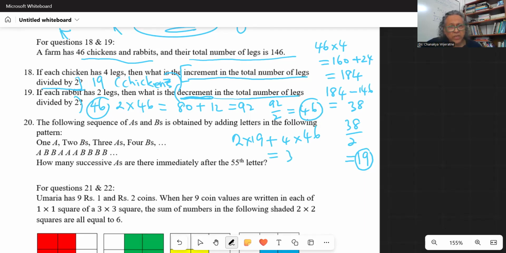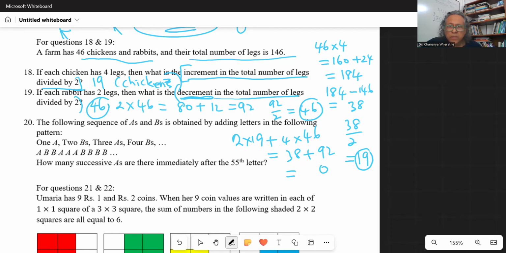So this is 38 plus 92, we won't get 146.